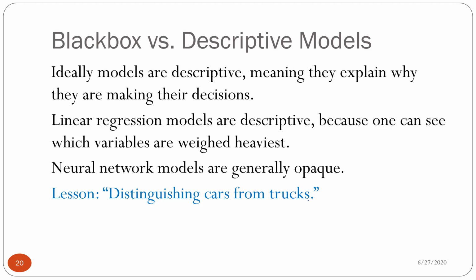Okay, so now the next approach in which we can classify models is black box versus descriptive. So black box models are those models where you get the result, but you don't understand why you got that result. So that information is missing in black box based models.